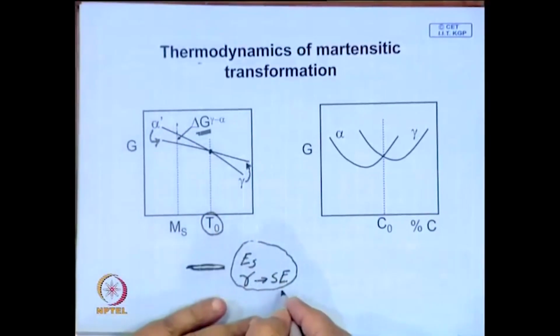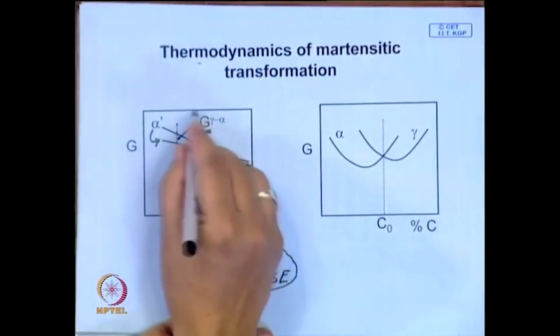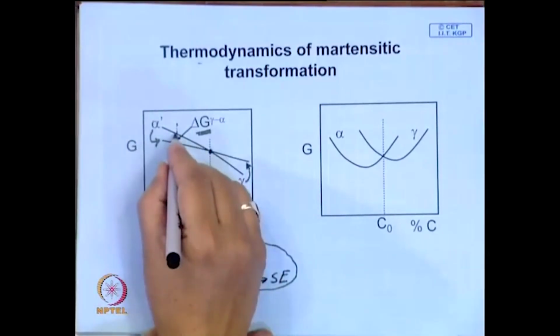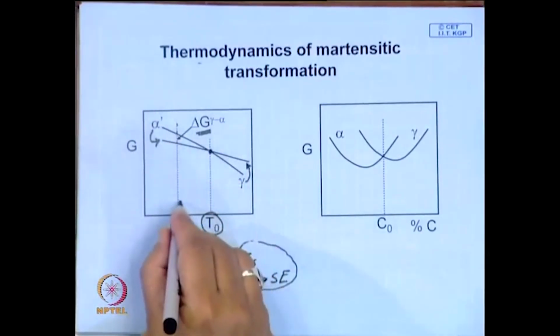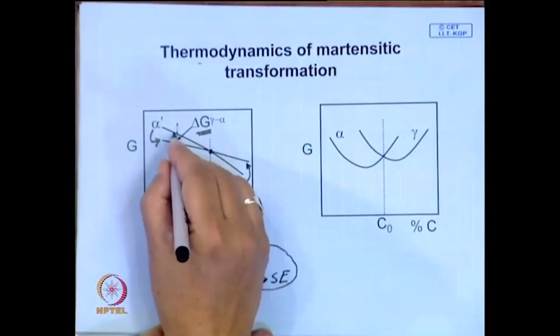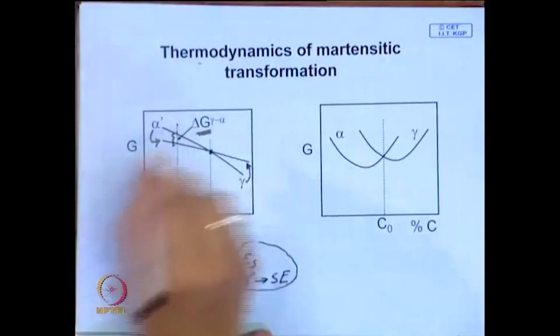These are positive contributions, so what you need for martensitic transformation to take place is a certain amount of supercooling, and this is the amount of supercooling.